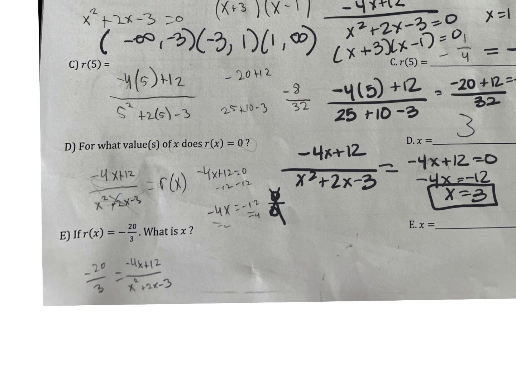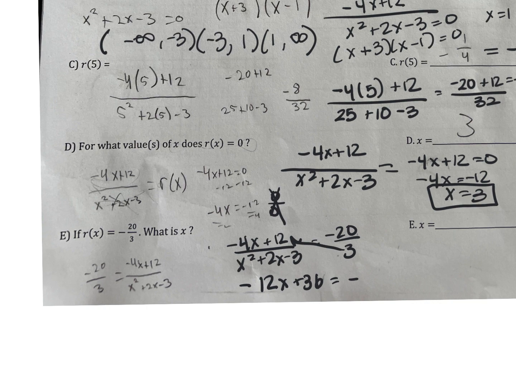So what is x if r of x is -20/3? Let's do that real quick. So I have -4x plus 12 over x squared plus 2x minus 3 equals -20/3. So let's cross multiply. I got -12x plus 36 equals -20 times x squared plus 2x minus 3.